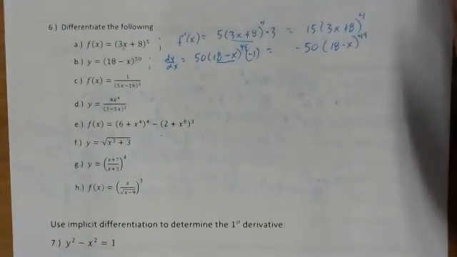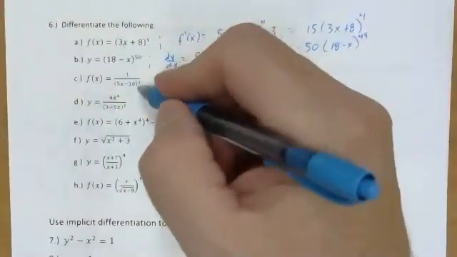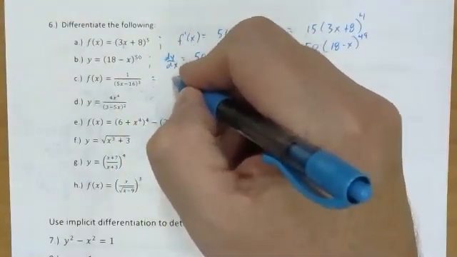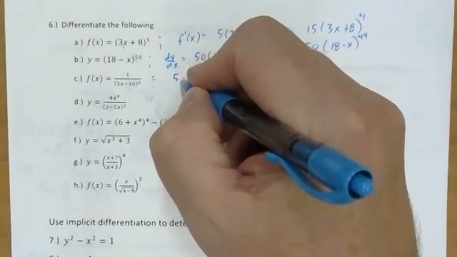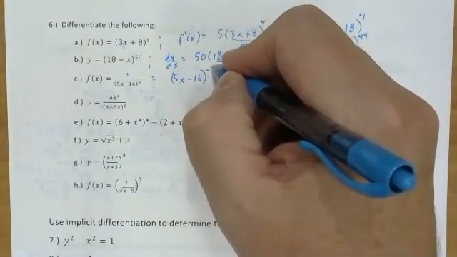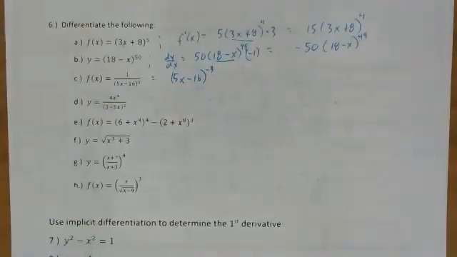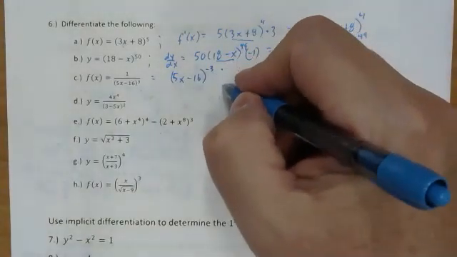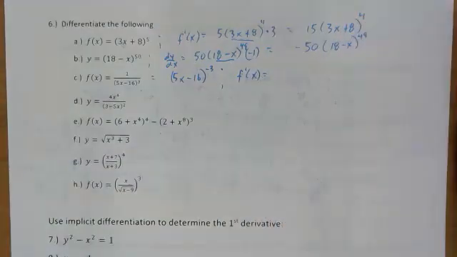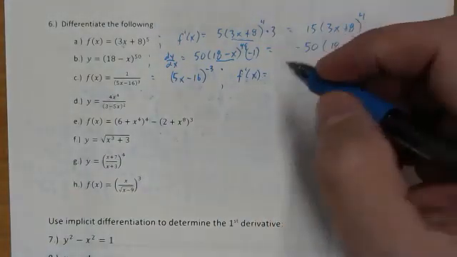Now C, we can't immediately apply the chain rule because all the stuff's in the denominator. However, I can rewrite it and move that whole parenthesis to the top and make the exponent minus 3. So now I can apply the chain rule.